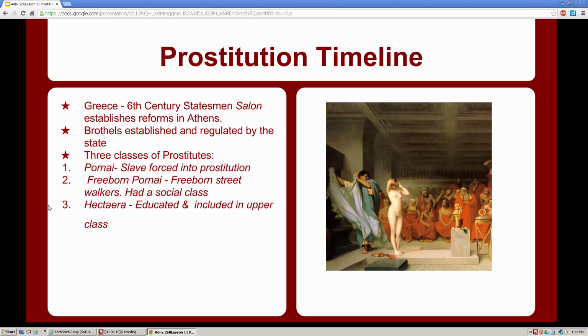And then you had the hetairai, which were educated men and women. Now, prostitutes encompassed both men and women. It wasn't strictly women. But the hetairai were educated individuals. They were included in the upper class. They were entertainers, but they were highly educated, and they were looked upon with a lot of favor.